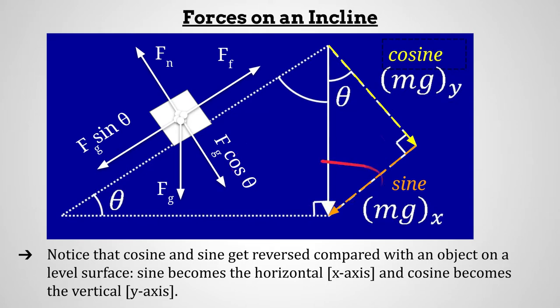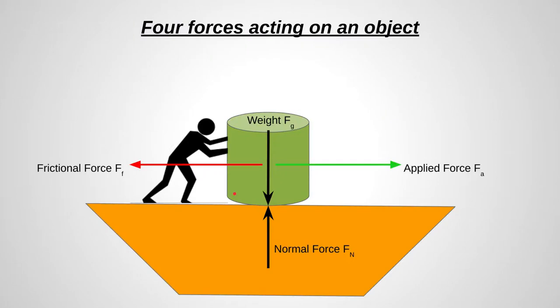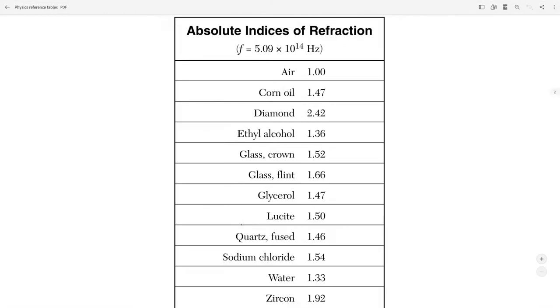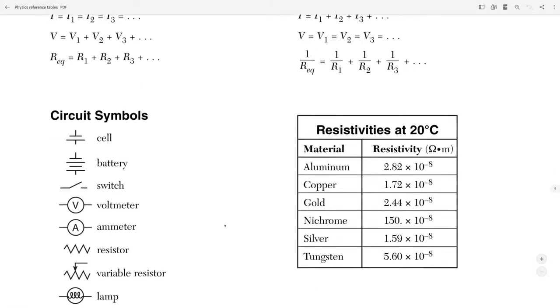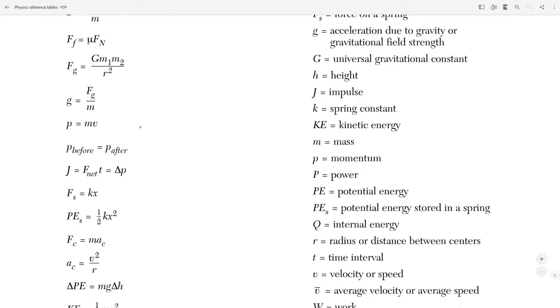Now, this looks like gobbledygook, but just remember that if something's on a flat horizontal surface, we have the applied force, friction is the other way, weight points down, and normal force points the opposite way of weight.